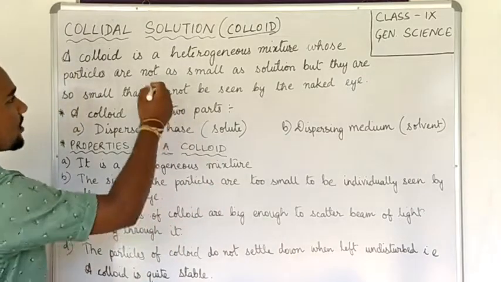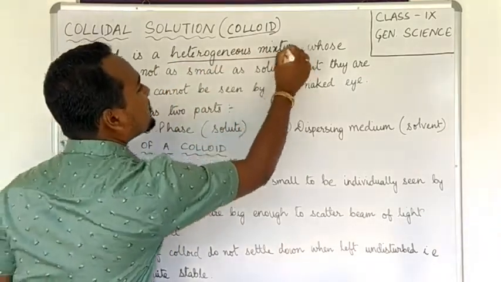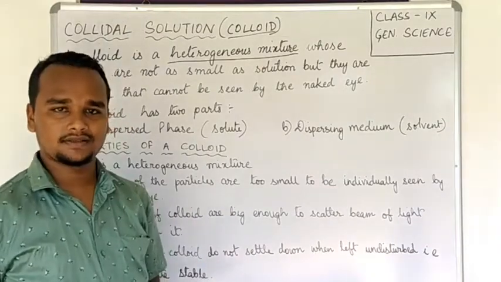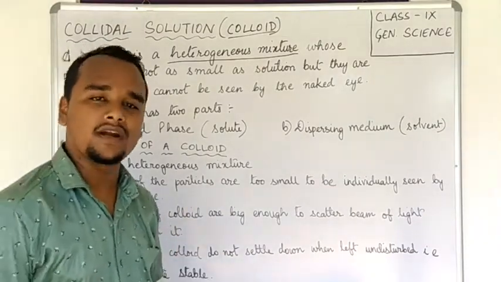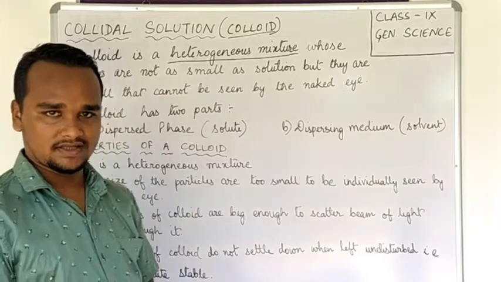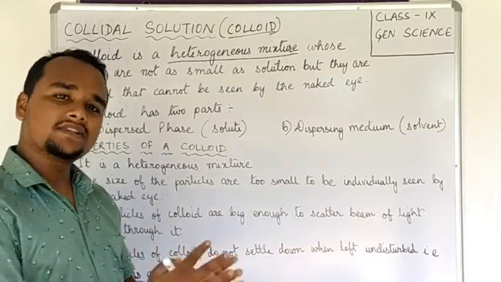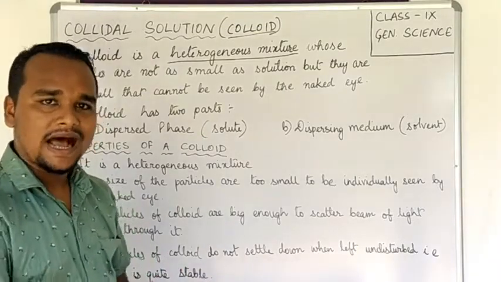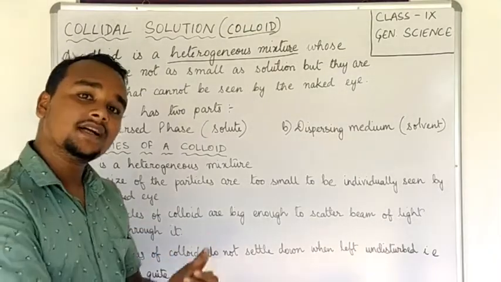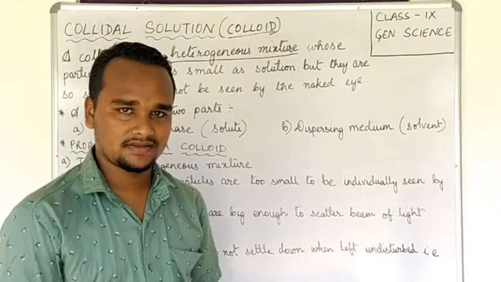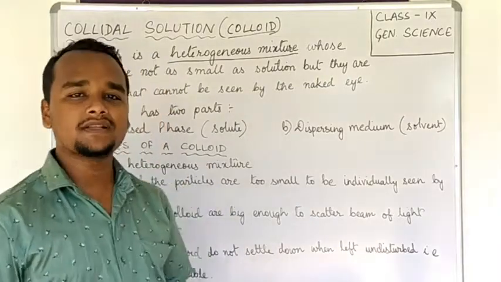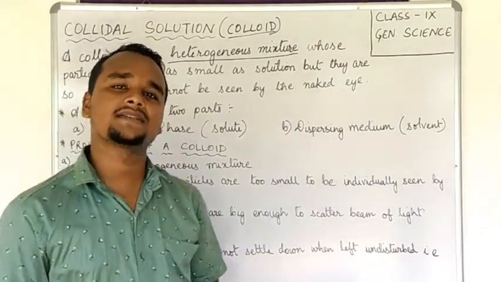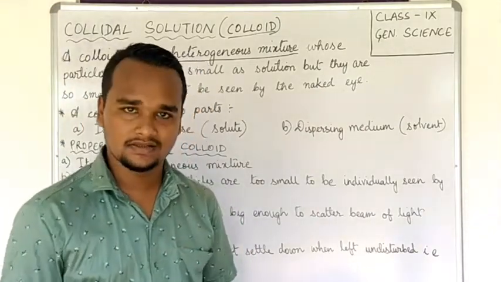That means the particles are not as small as the particles of a solution, but they are small enough to stay dispersed in the solvent, yet big enough to scatter a beam of light.